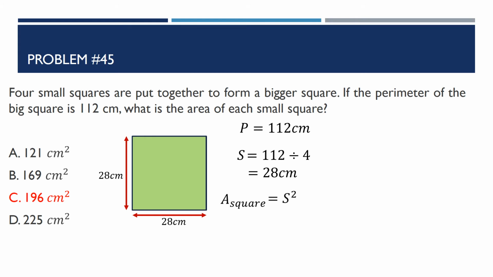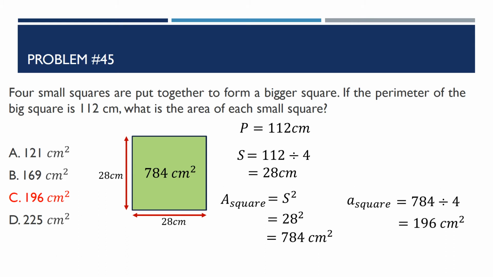So it's side squared, 28 squared. So the area of this big square is 784 square centimeters. And then since there are 4 small squares, we're going to divide this by 4, which is equal to 196 square centimeters. So each small square has this area.